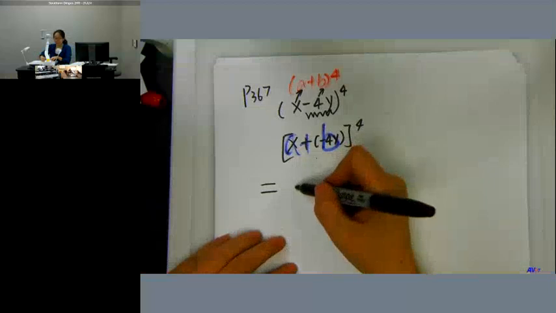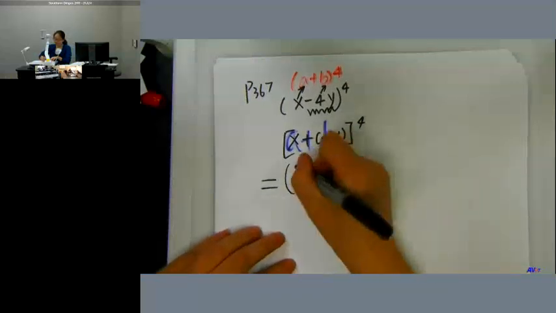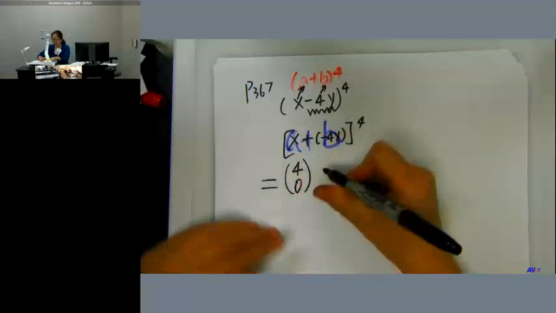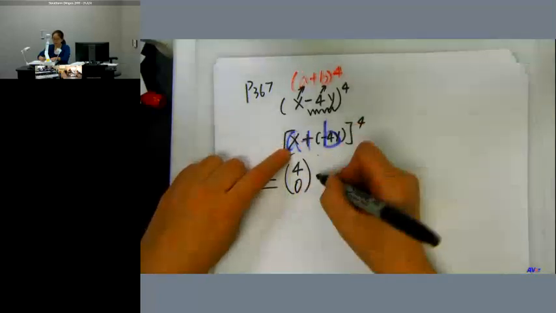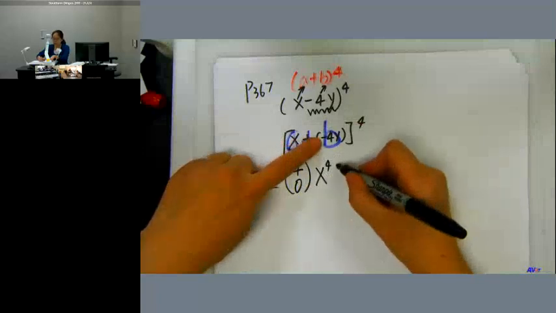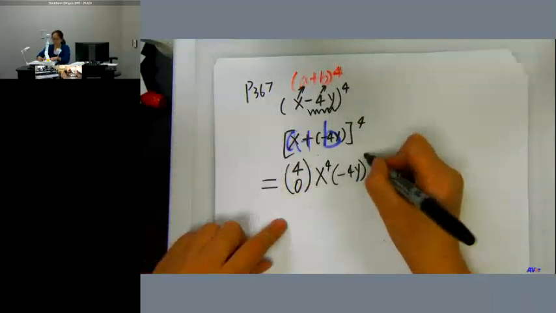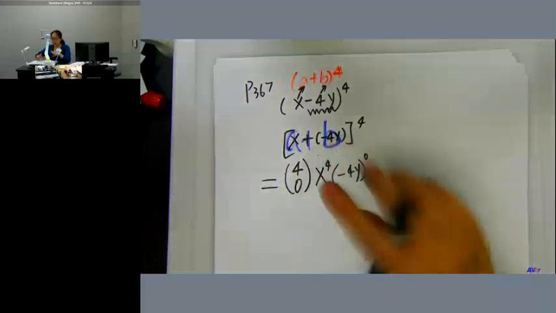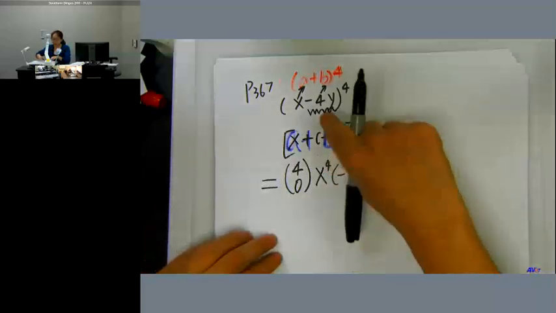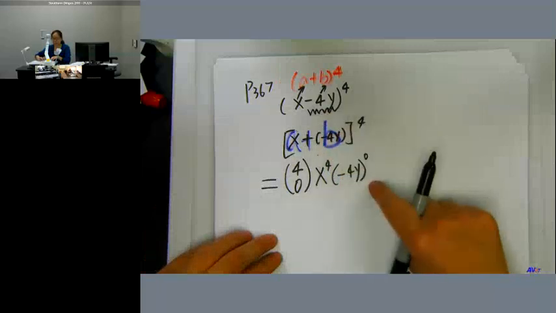Now, the formula will still be the same. So 4 choose 0 times, I'm going to choose 4 copies of a, which is x. But I'm going to choose 0 copies of b, but it's not really b, it's negative 4y. Okay.